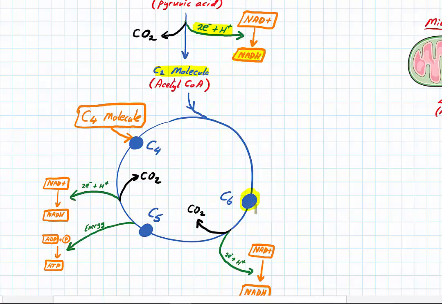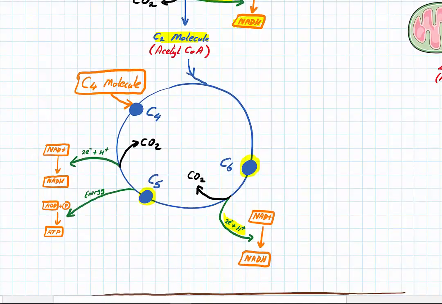So now the energy is in the C6, and yet again that C6 breaks down into a C5, so we lose a carbon, and yet again that goes off as carbon dioxide. Now also, however, some of the energy from the C6 goes off as 2 high-speed electrons again and a proton to form yet again NADH.